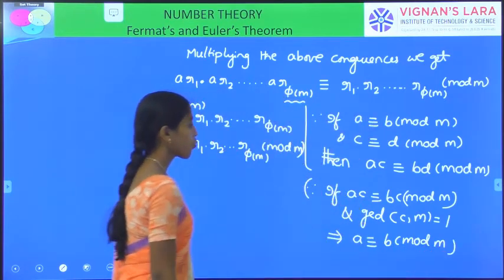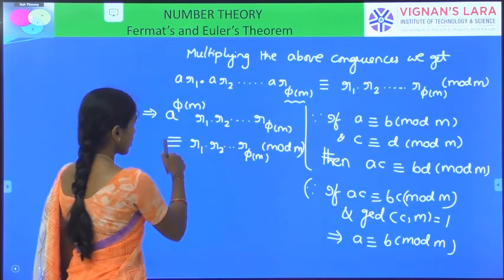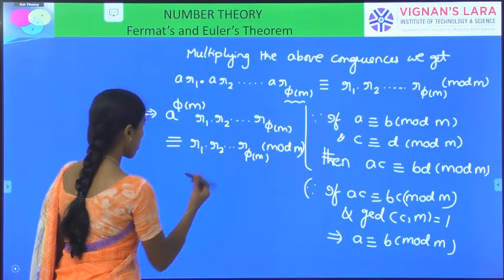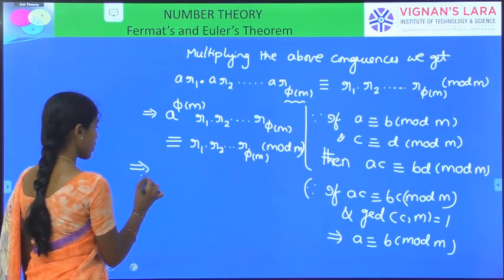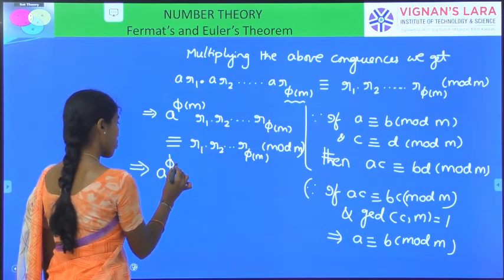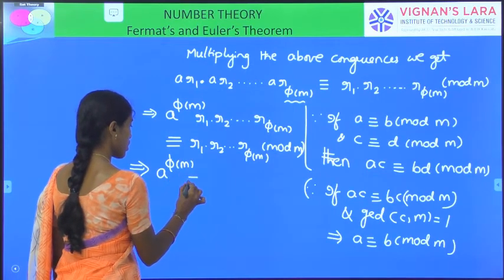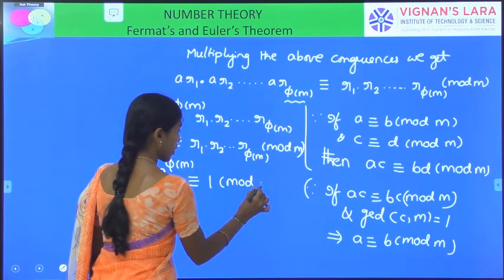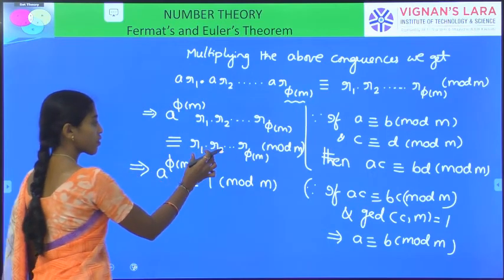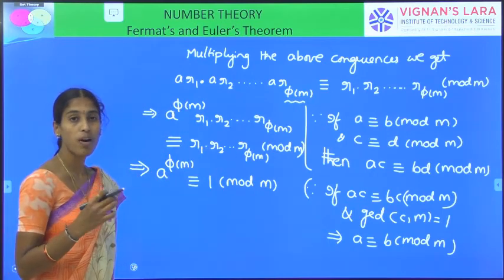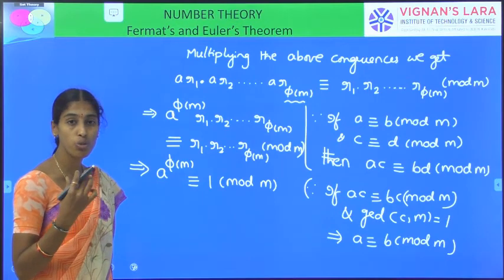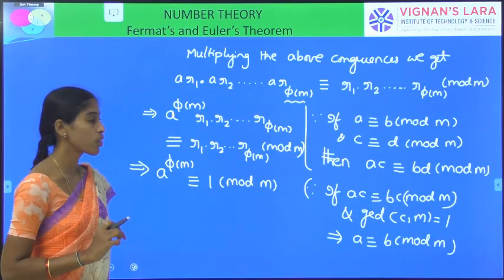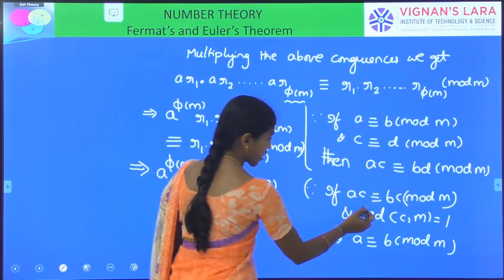Now here, cancelling R1, R2, so on R phi of m on both sides, we will get a to the power phi of m is congruent to 1 modulo m, because all these R1, R2, so on R phi of m are in the reduced residue system modulo m, meaning that GCD value is equal to 1, so that we can cancel c here.